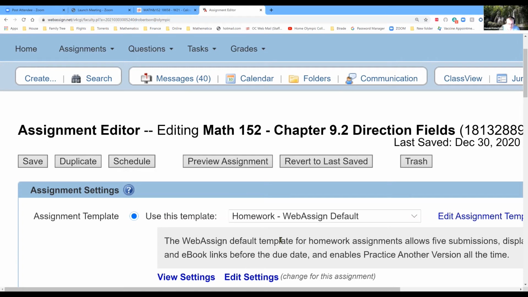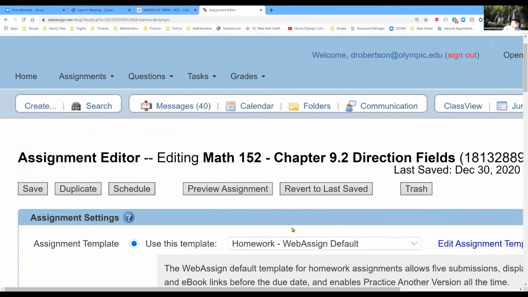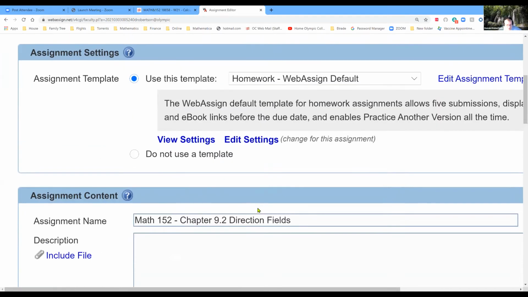And section 9.2 is called the direction fields. And from now on, we're really only going to be dealing with first order differential equations, right? So that's the only ones that we're going to worry about, direction fields and everything else.